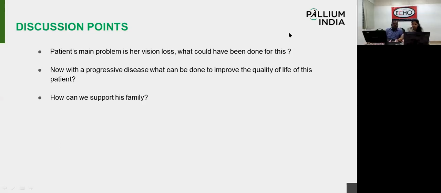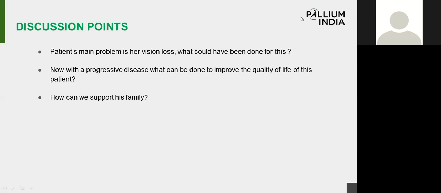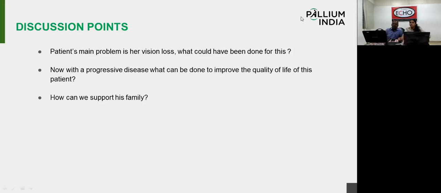So in this patient, you have done all the possible things for improving her vision, and people are helping her with what can be done in the future also. So without having vision, how can she manage in the future? That is something we need to look for.